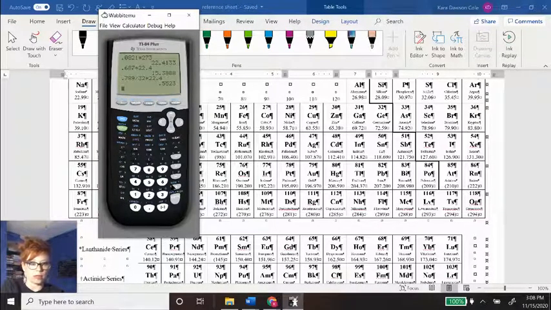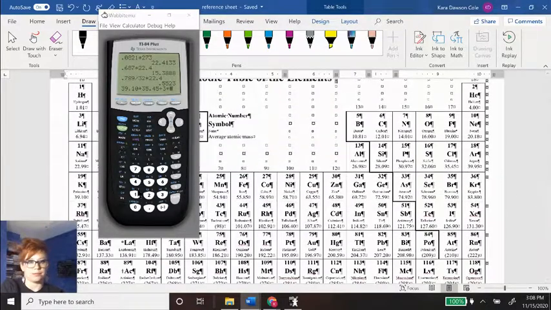We have one of those, so 39.10 plus chlorine, which is 35.45, plus 3 times oxygen, which is 16.